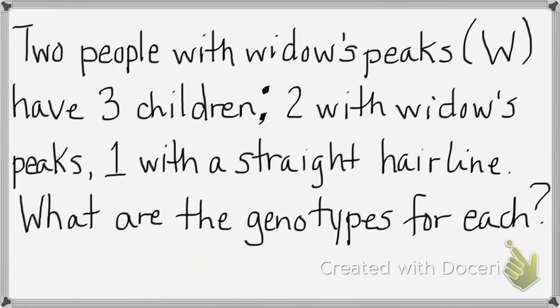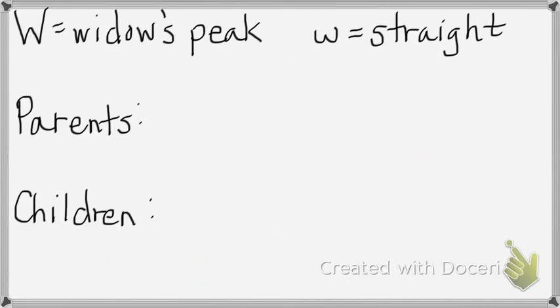I've got 2 people that are mating, and they both have widow's peaks. Then they have 3 children. Two have widow's peaks, 1 does not. So I wrote down a key up here at the top that the widow's peak is dominant and having a straight hairline is recessive. So I'll give that to you. You don't have to memorize that. Okay, so we have to figure out what are the genotypes of the parents.